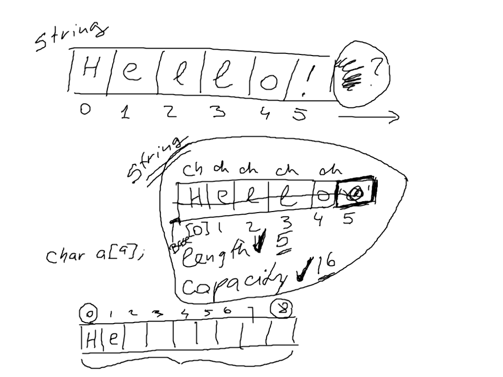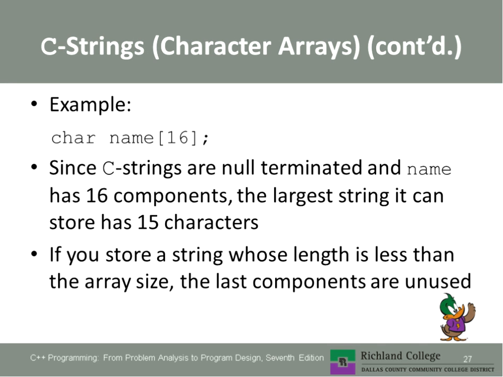So now, when we have the characters that we want to fill in, and we want to say hello, then we have to manually put in the terminating character after we're done filling the array with characters. And that's what we call a C string. So a C string is always going to have a terminating null character at the end of it.